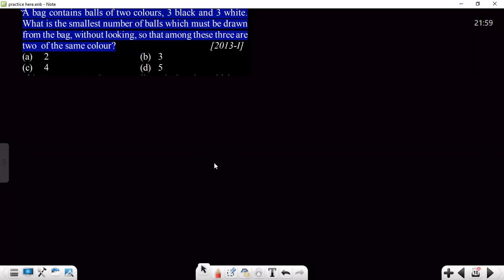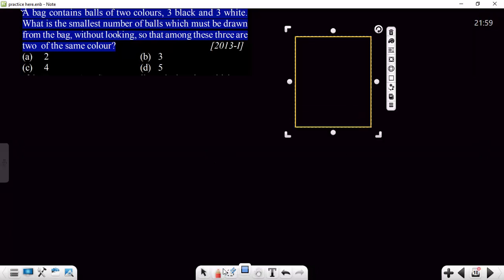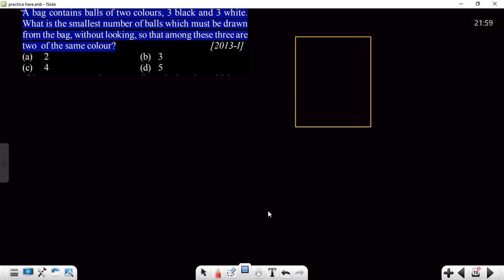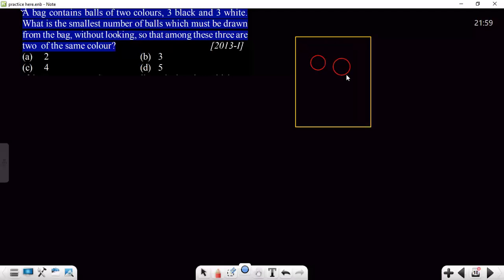There is a bag. So let me draw a bag. Black and white balls. So let's take two colors instead of black. Let's take red color.